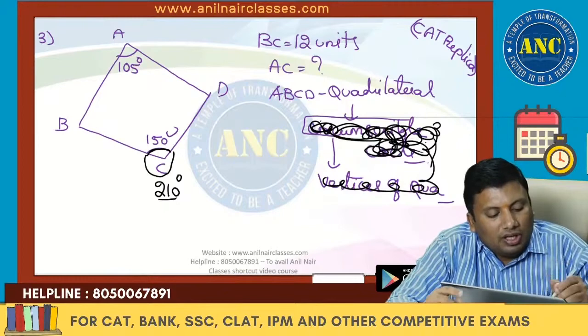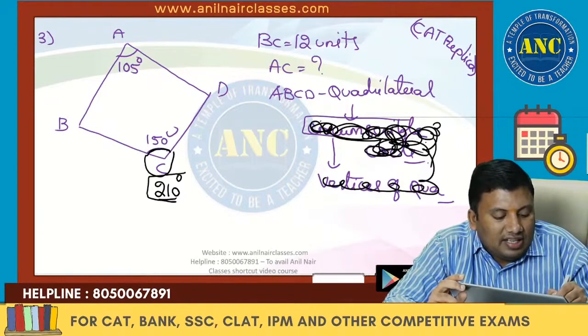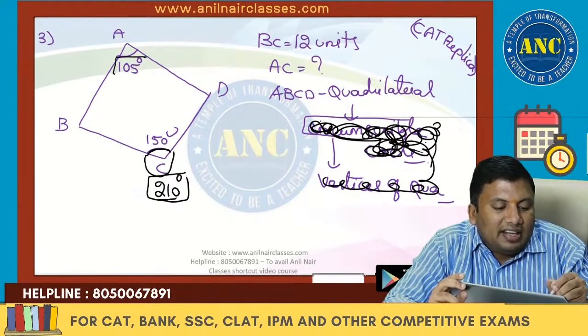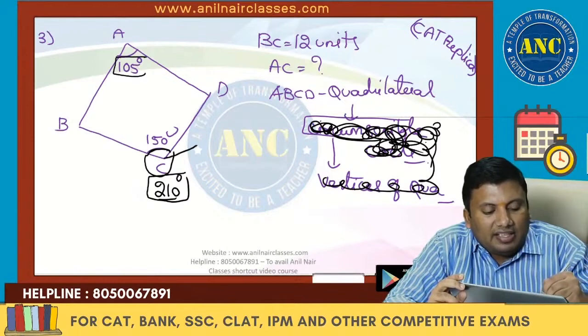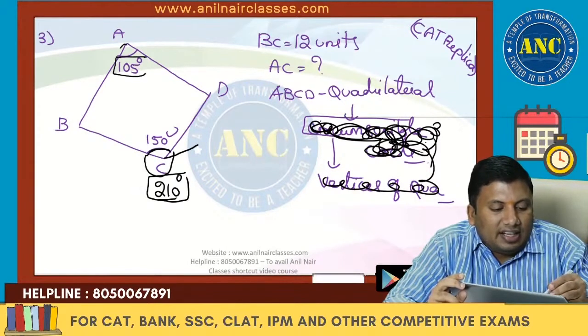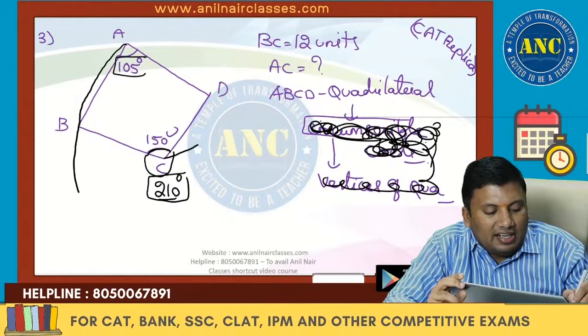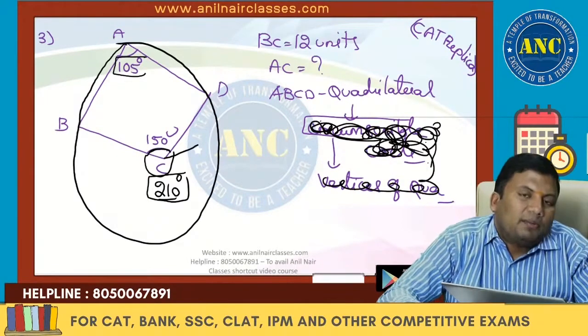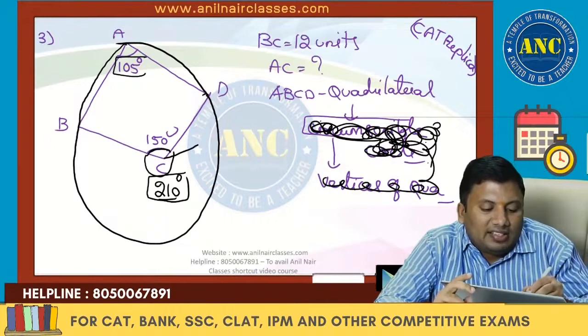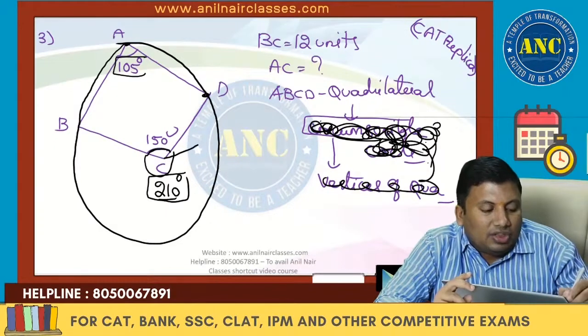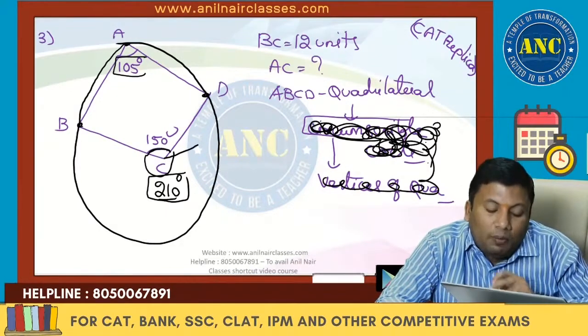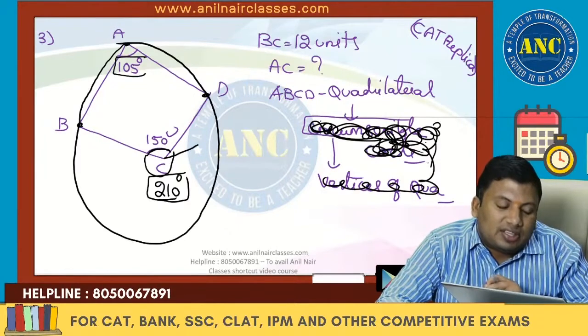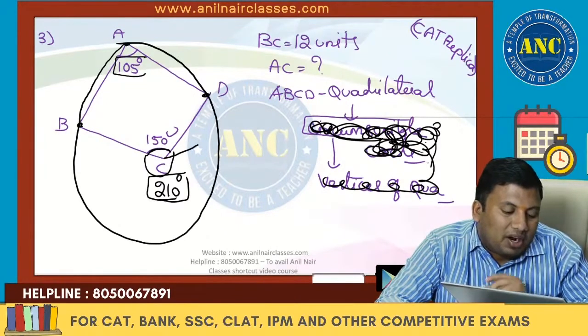If this is 210 degrees and this is 105 degrees, if I take C as the center and draw a circle, it touches the circle at 3 points. That is the reason I omitted this line. Otherwise, it would have touched 4 points, and then this concept will not hold good.